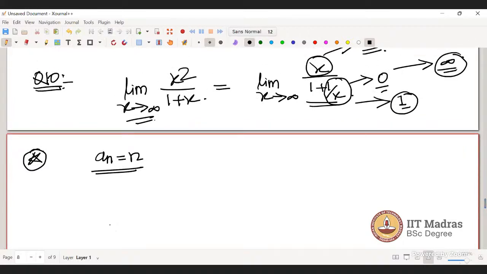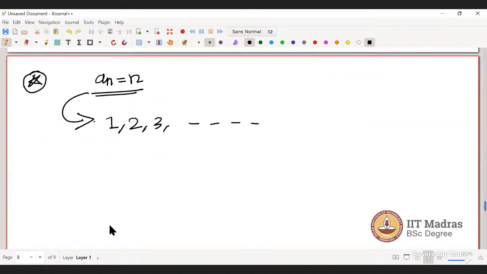First, can you tell me all the terms of this sequence? What is the first term? 1. What is the second term? 2. Okay. Then can you tell me what is the limit of this sequence? It will go up to infinity, no limit.